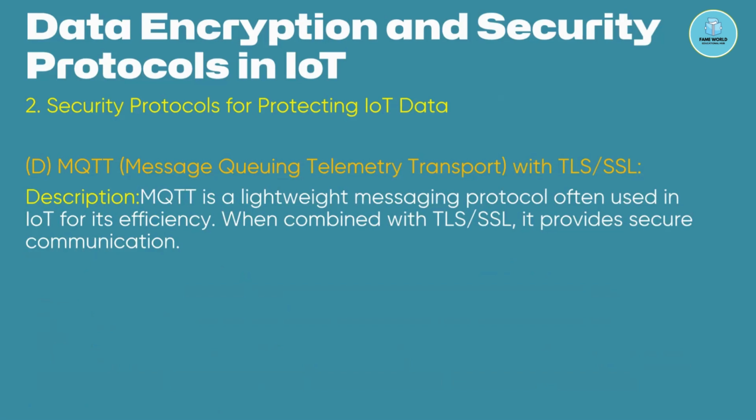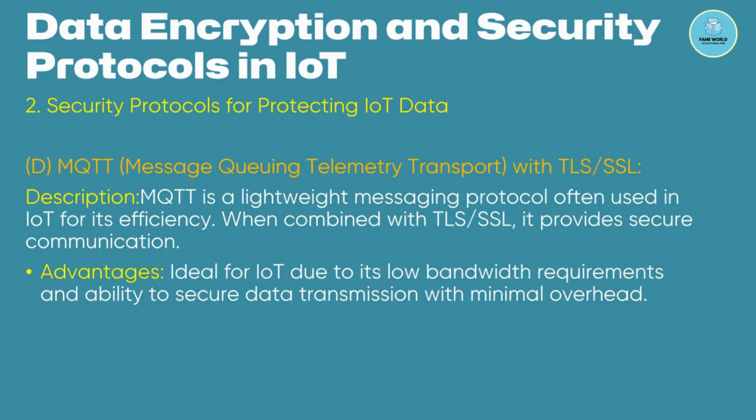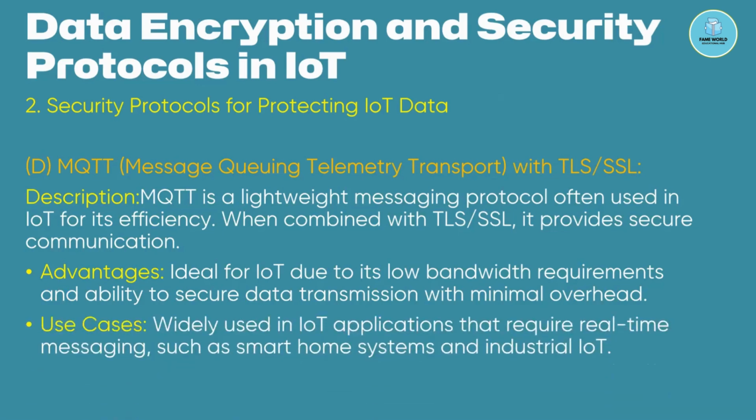When combined with TLS or SSL, it provides secure communication between the devices. The advantage is that it is ideal for IoT due to its low bandwidth requirements. As I told you, low bandwidth devices and small projects are very good to work with MQTT.